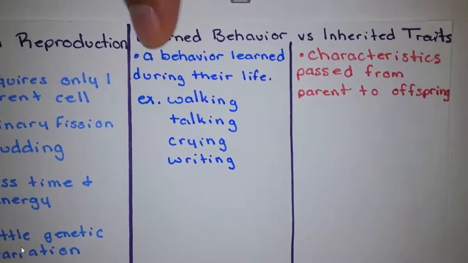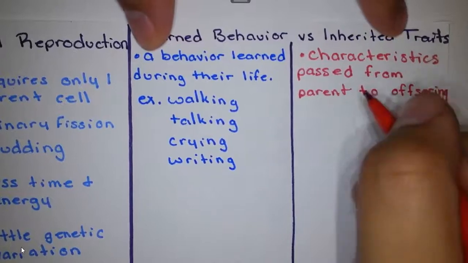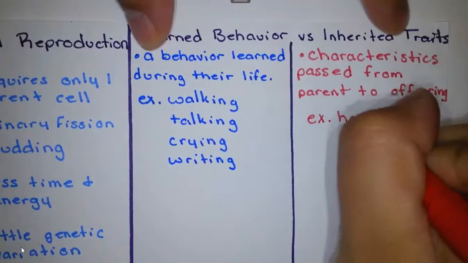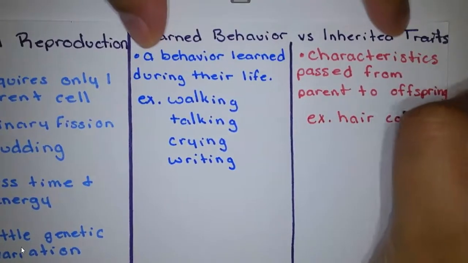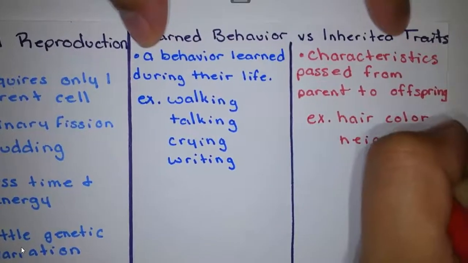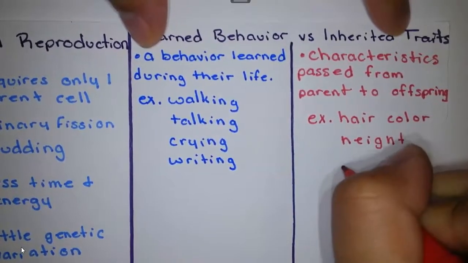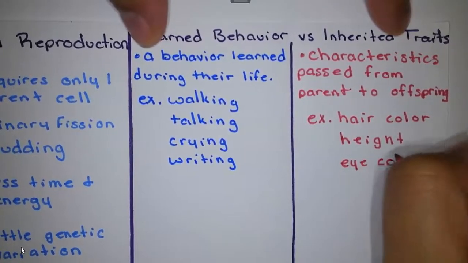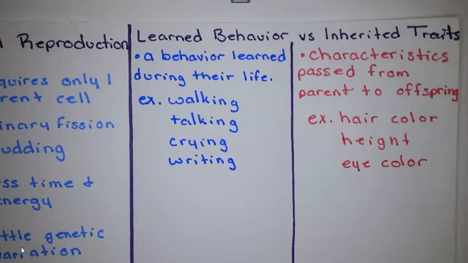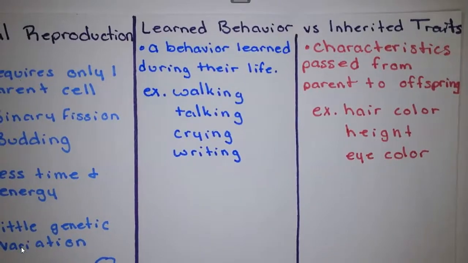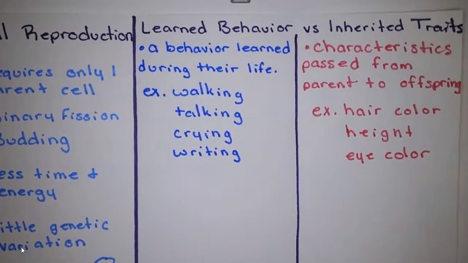Okay, passed from parent to offspring. And these could be, for example, hair color, height, eye color, and many more. Okay, so that's for learned versus inherited traits.